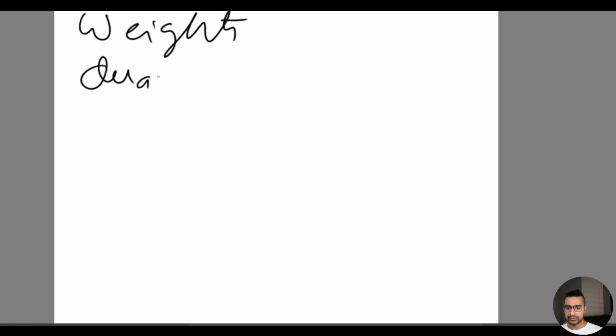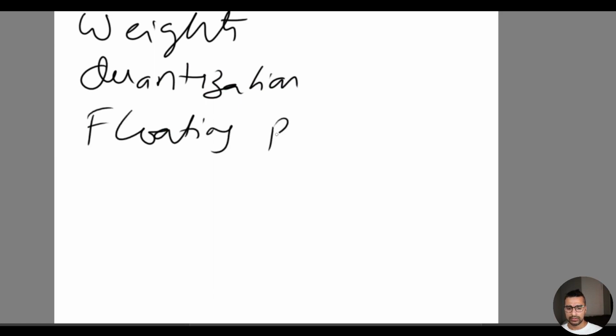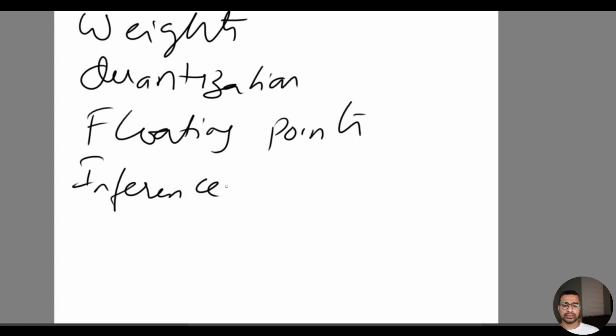All right, so what did we learn so far? We learned about weights, we learned quantization, we learned all the floating points, we learned inference, and I also explained what is an activation and what are weights when we are considering inference.